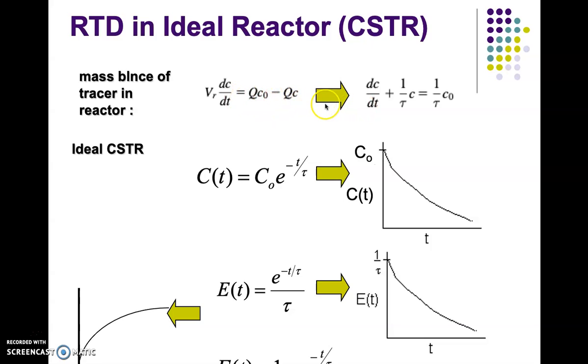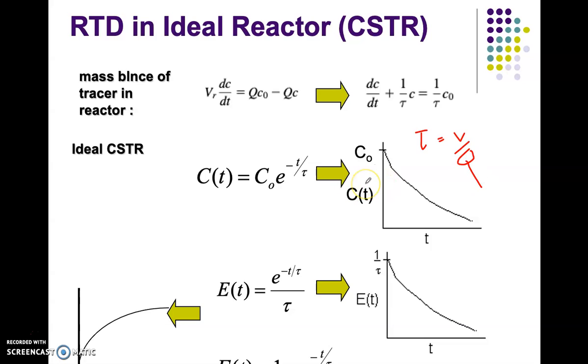When you rearrange, we know that V_R over Q is equal to your residence time or space time. This is a standard equation, tau equals what you have learned before in the previous chapter, V over Q, volume over flow rate.